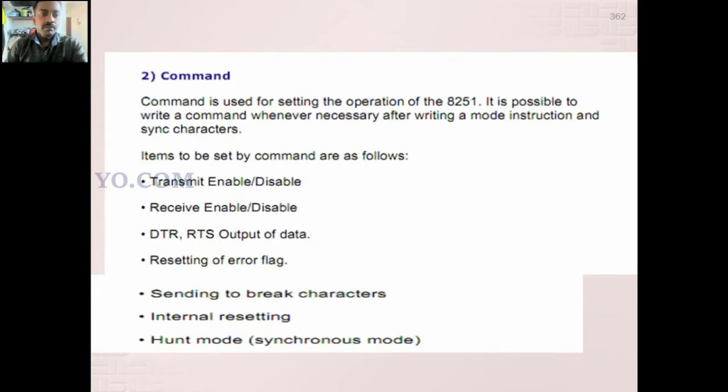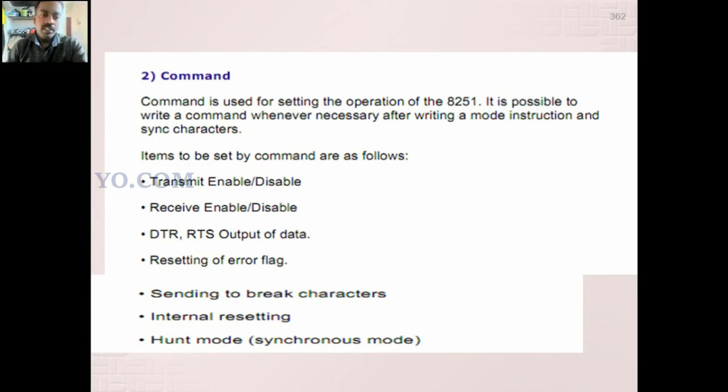Then the second one is the command. The command is used for setting the operation of 8251. It is possible to write a command whenever necessary after writing a mode instruction and synchronous character. The command is written right after the mode instructions. The items to be set by the command are as follows.